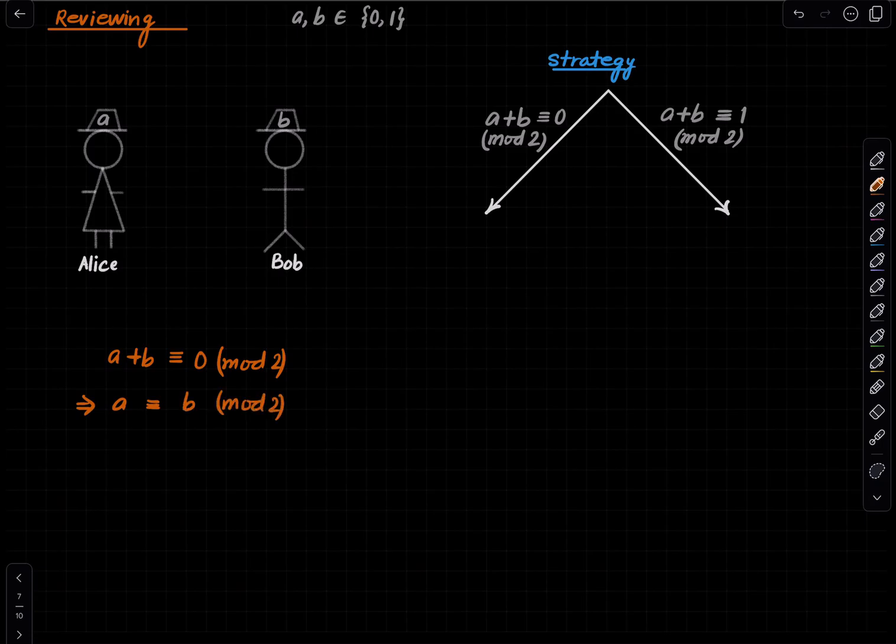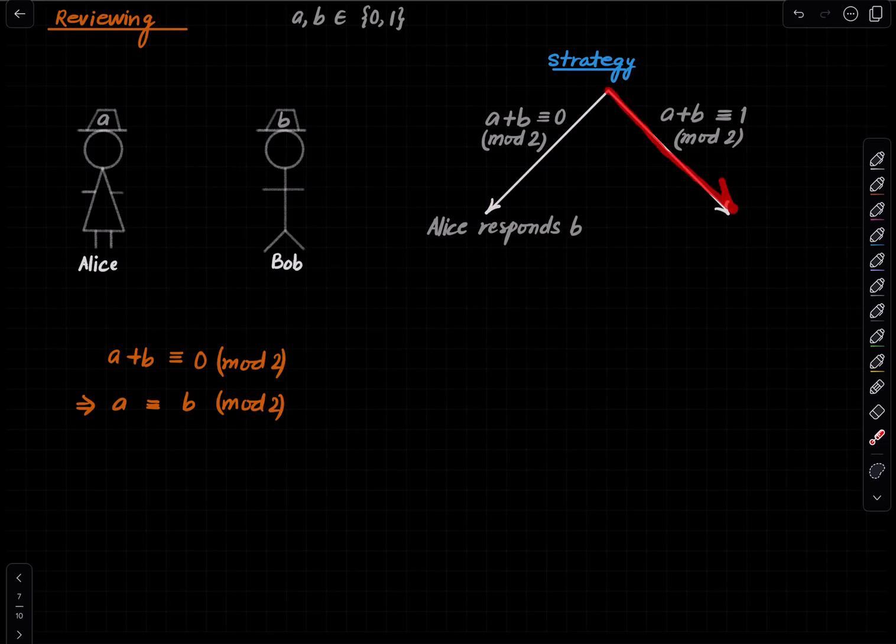Because, if you really want to be very precise, this says that A is congruent to minus B modulo 2, because you take the B to the other side. But minus B is the same as plus B modulo 2. We are working modulo 2, so B and minus B are the same. So what will Alice answer? Alice will answer just B. That's Alice's response. So that will make Alice guess correctly in this case.